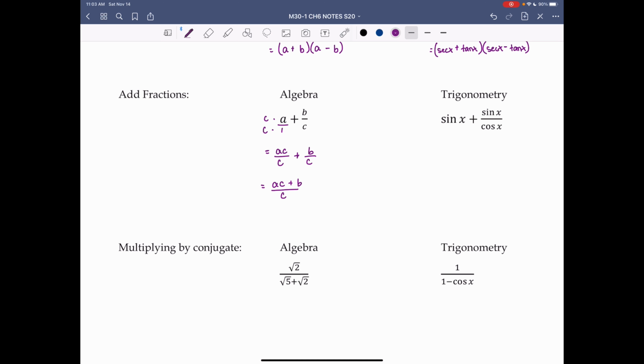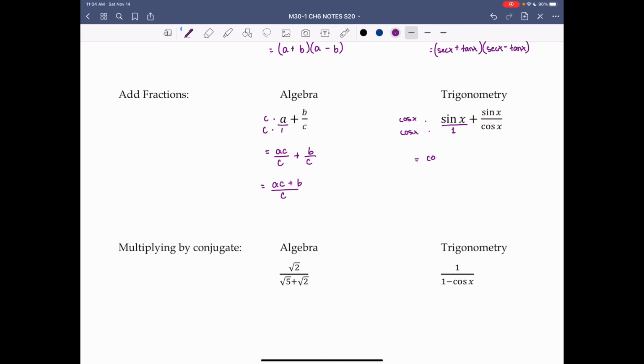The trigonometric expression, sine x plus sine x over cos x. Same thing, we can put sine x over 1 to make it a fraction. We want the denominator to be cos x to match our other fraction, so we multiply top and bottom by cos x.